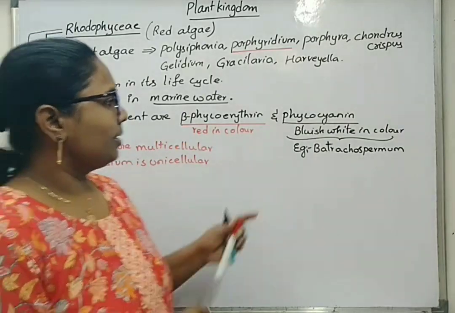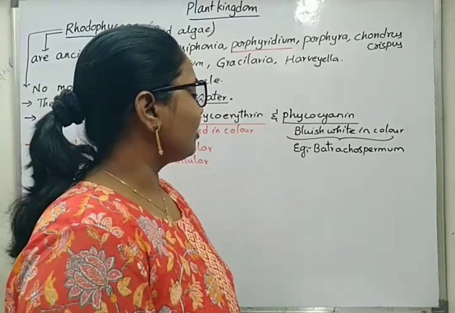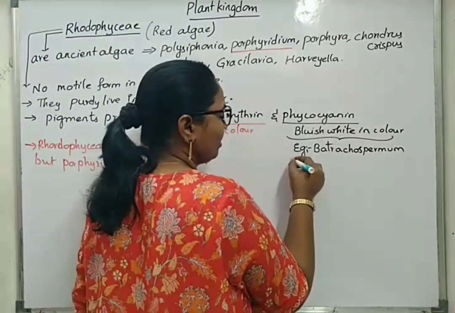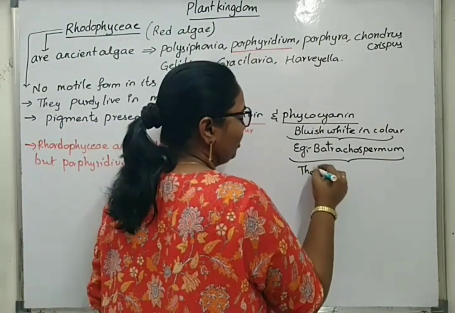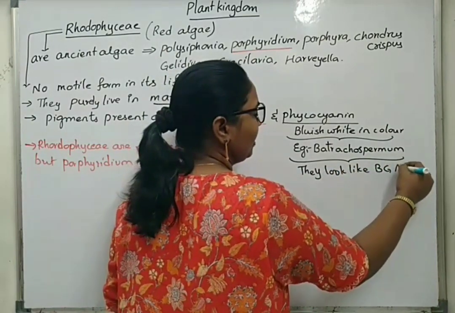Because of the bluish white color of Batrachospermum, they look like blue-green algae.